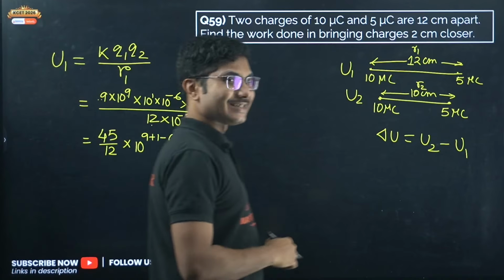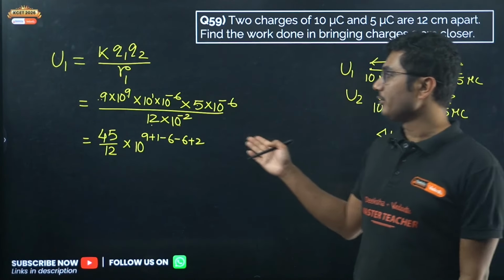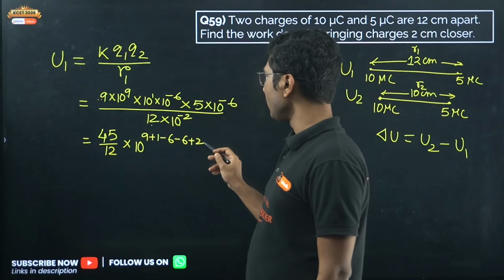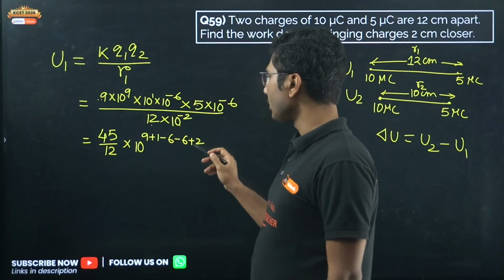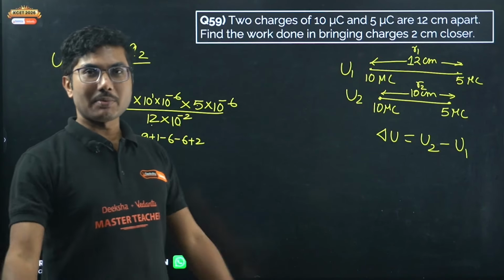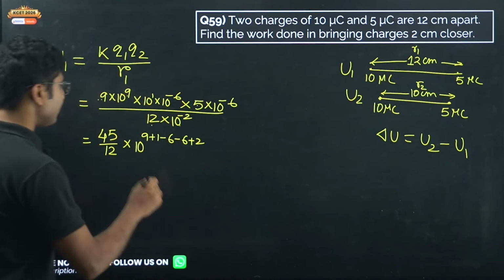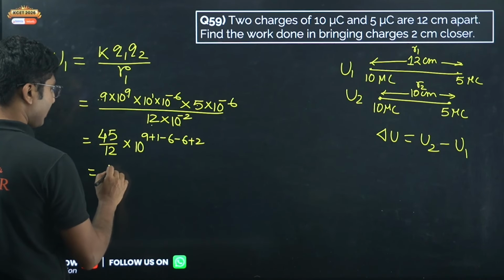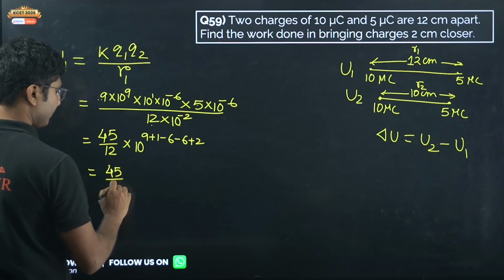Okay, so everything is accommodated in this value, right? So 9 plus 1 is 10, 10 plus 2 is 12, plus 12 minus 12, so 10 to the power of 0. What is the value of any number to the power 0? 1. So this entire thing is actually 1. So we get this as 45 by 12.